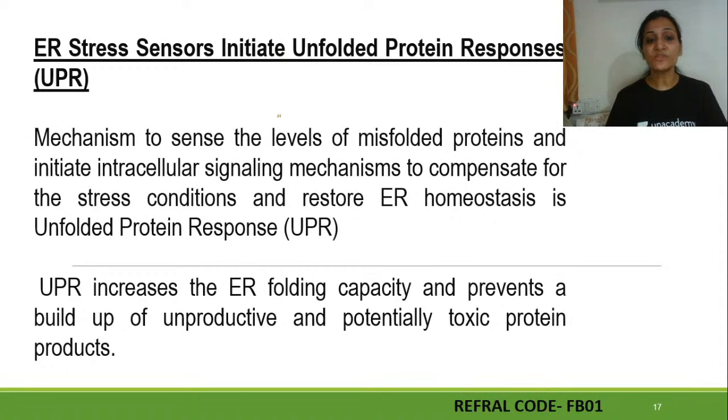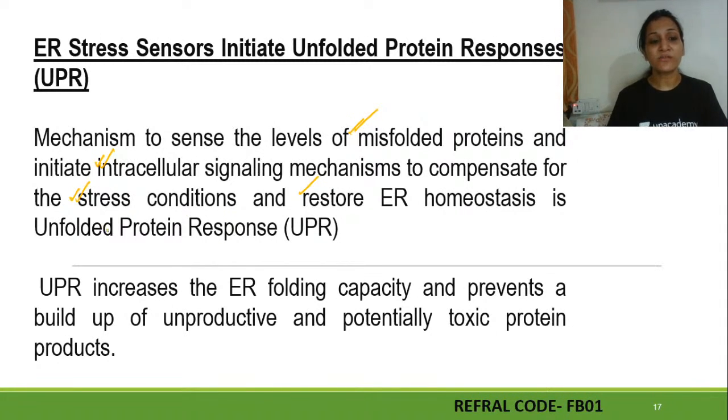Intracellular signaling will start and it will be identified as a stress condition, and ER will try to manage the conditions in the cell, that is, ER will maintain the homeostasis.